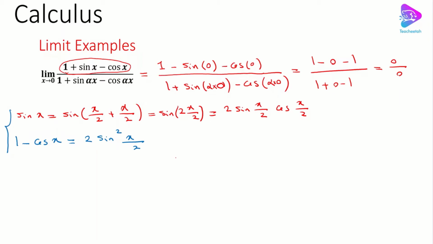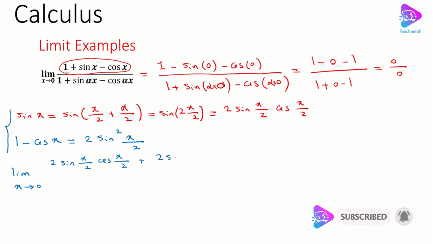So let me put this in place of what we have inside the limit. It's going to be the limit of x approaching 0, and instead of sine x we have 2 sine x over 2 cos x over 2, and instead of 1 minus cos x we have plus 2 sine squared x over 2.